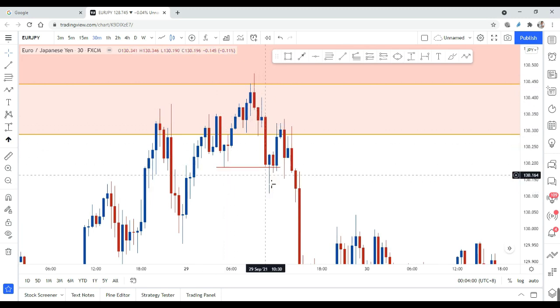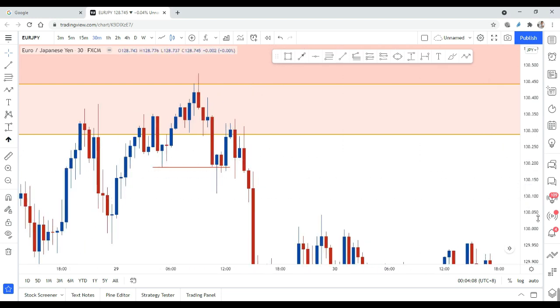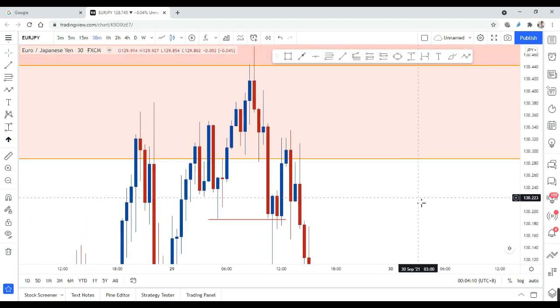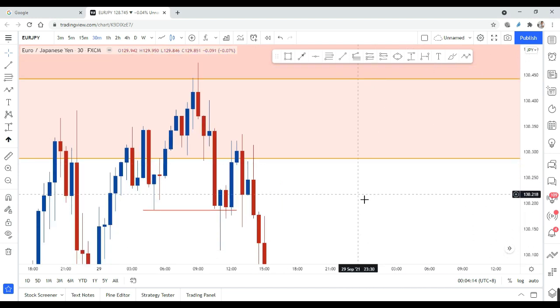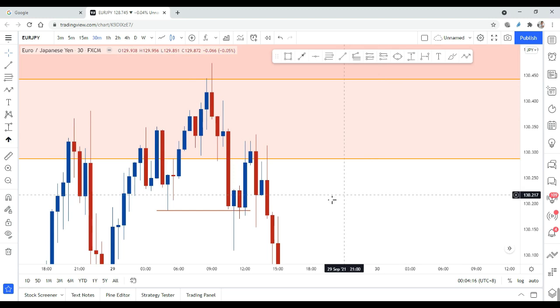Over here, what we can see is that there is only one single fresh supply zone. Of course, some of you do not know that how I define my supply and demand is a bit different from other people. I'm going to stick to my way because it works for me.